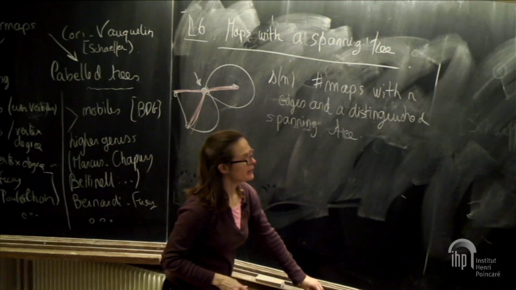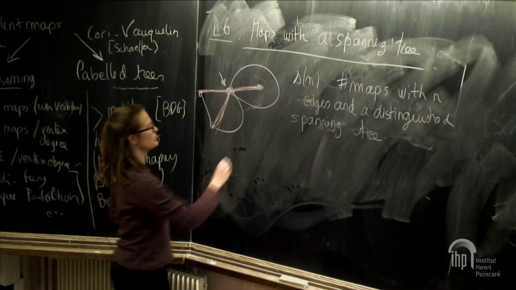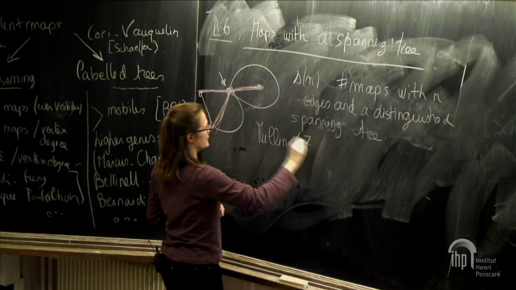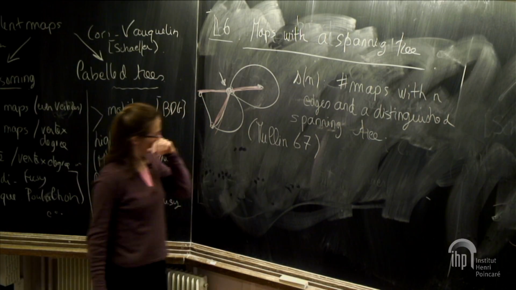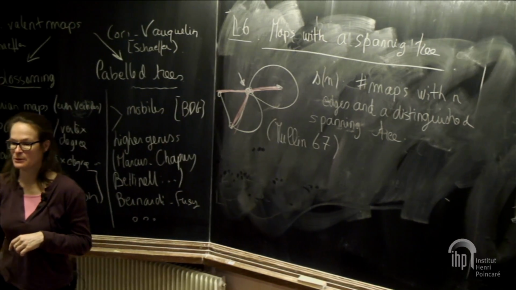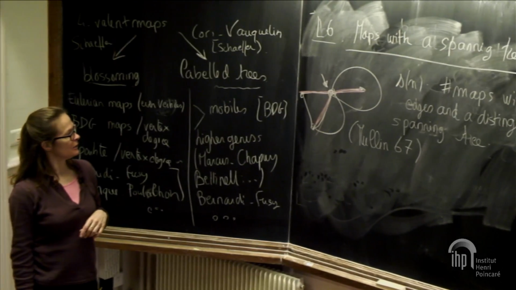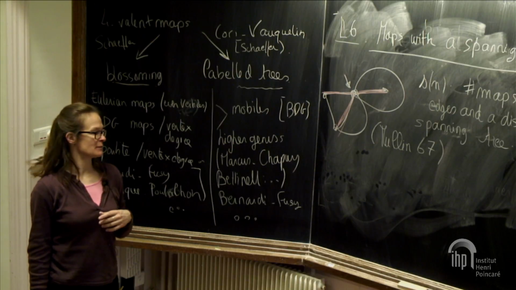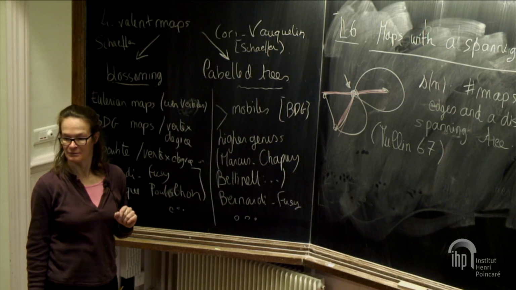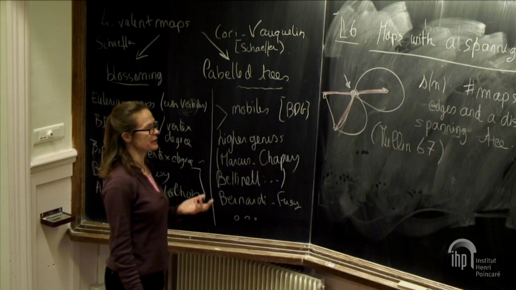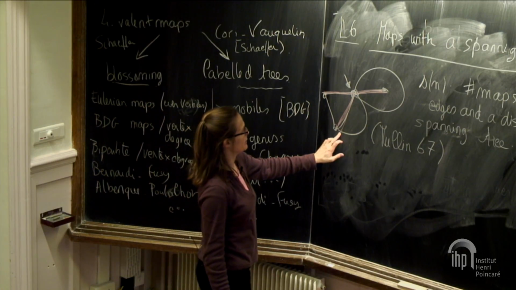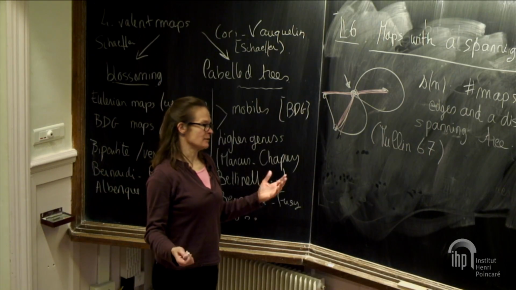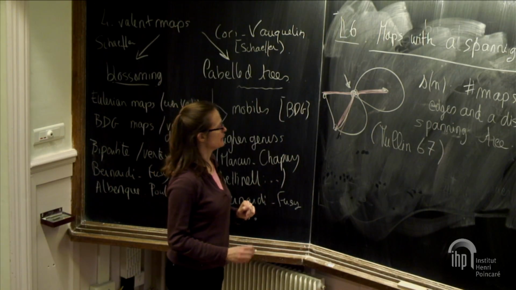So there's a very classical way of counting these things, which was described by Mullin in 1967. And in fact, you will realize that it's easier to count maps with a distinguished spanning tree than counting just all maps, even though the final series will not be an algebraic series. So this is essentially a bijection.